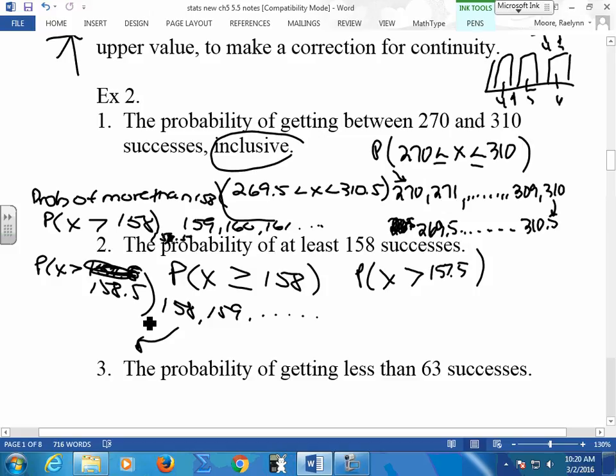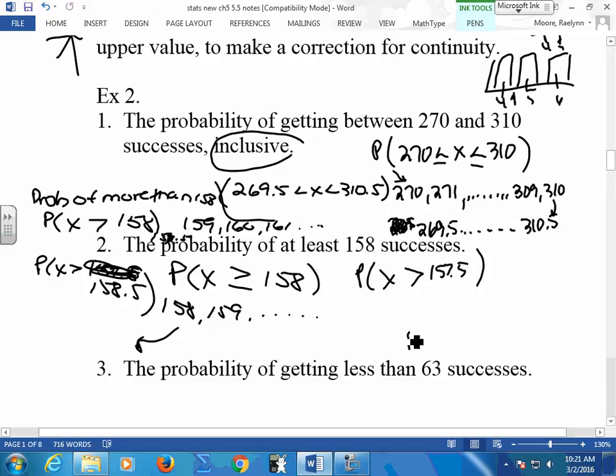So we're going to drop this guy down 0.5. Will we ever hit 158.5? What's our first number we'll hit? 159. Isn't that what our statement says we need to get? Greater than 158?